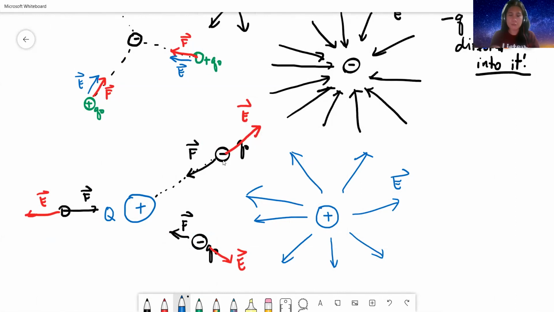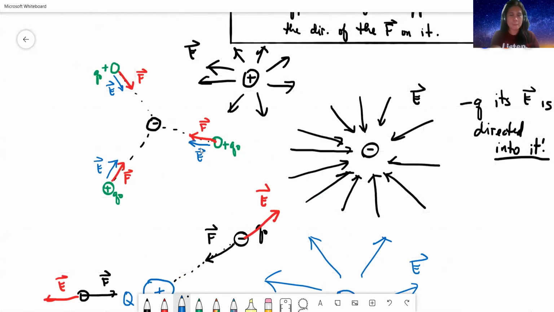If the recipient of the force is a positive charge, then whatever is the direction of F, that's the direction of the electric field at the point where the charge is located.